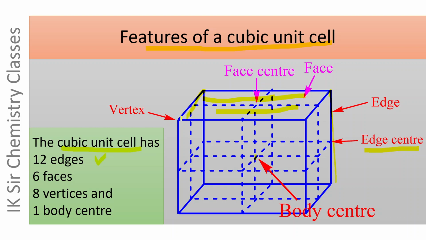1 edge, 2 edges, 3 and 4 edges are present on the top face. 4 edges are present on the bottom face. 4 plus 4 is 8, and there are 4 edges in vertical position, 1, 2, 3 and 4, and hence there are 12 edges in the cubic unit cell.